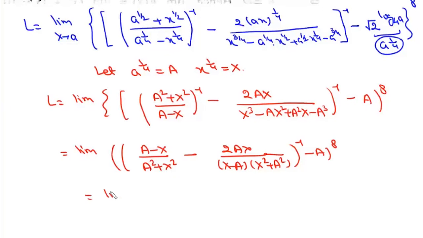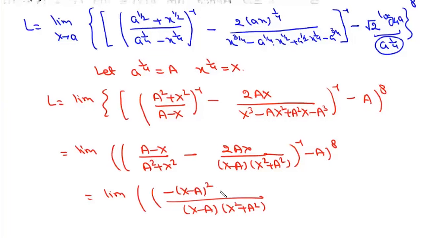Now we simplify this, we can write this as limit, and then it will be X minus A into X square plus A square, and here it will be minus X minus A square minus 2AX, to the power minus 1, minus A, whole to the power 8.